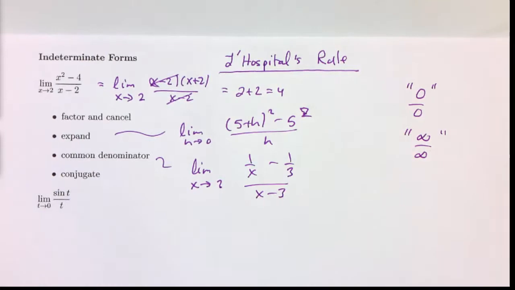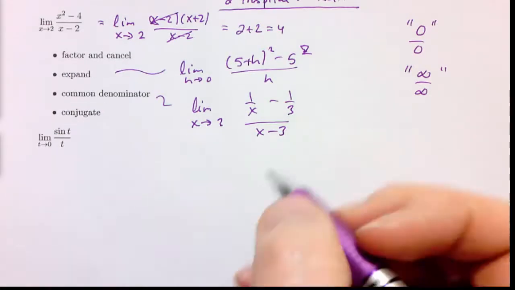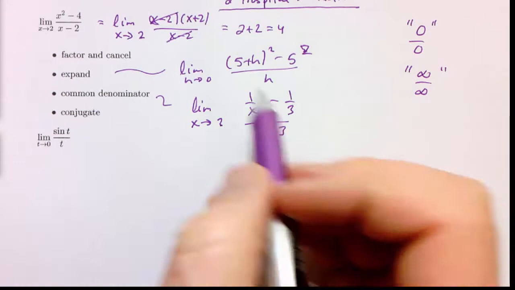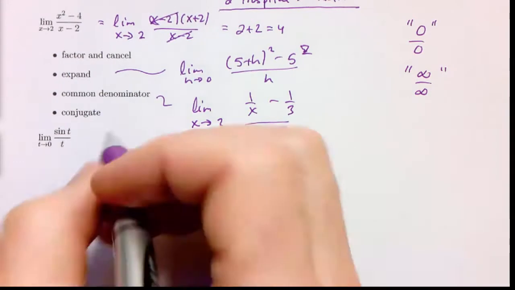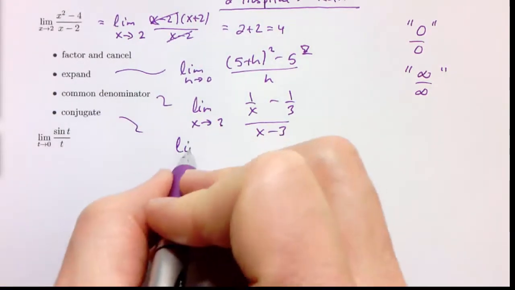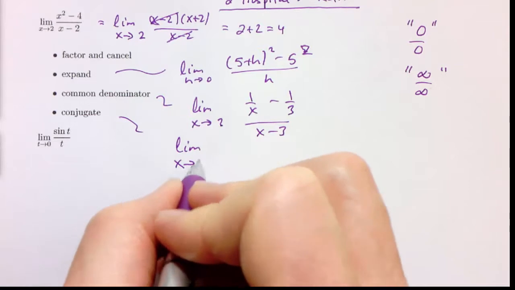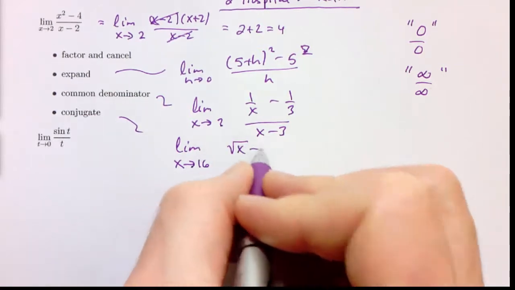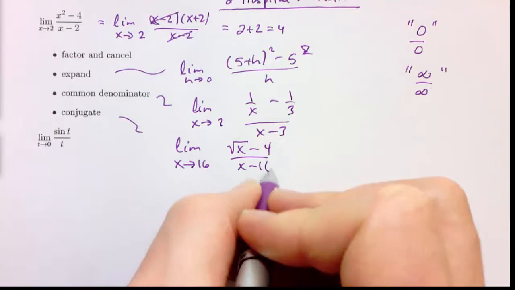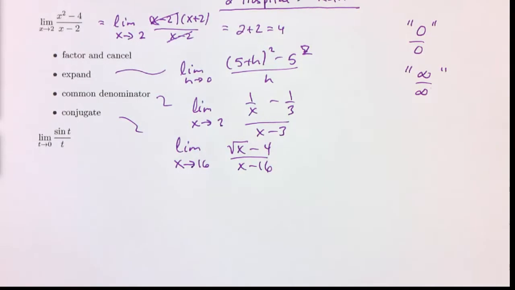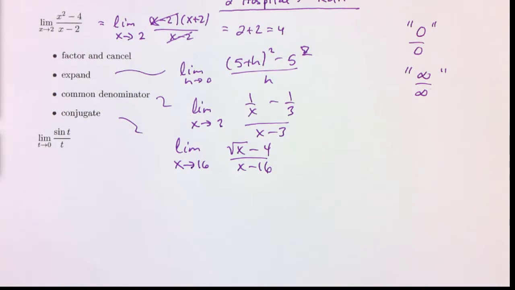If I get the numerator on a common denominator, I can do some algebra, then factor and cancel, and figure out what's going on with this limit, the conjugate. If I multiply the top and the bottom by square root of x plus 4, we can make some progress there.